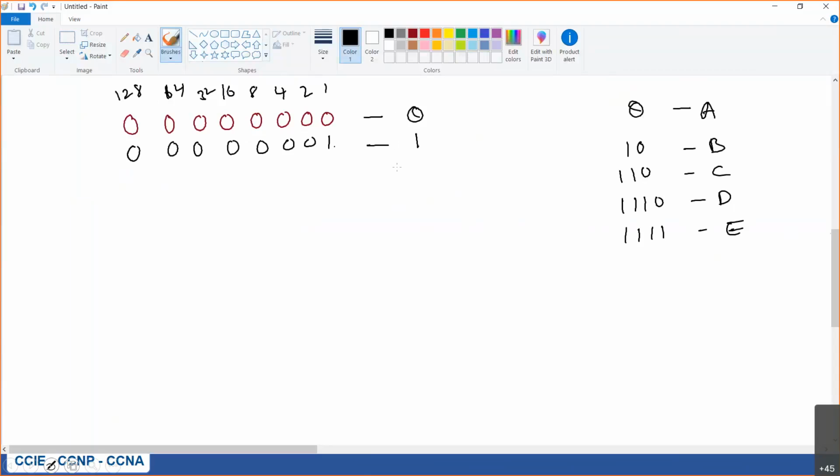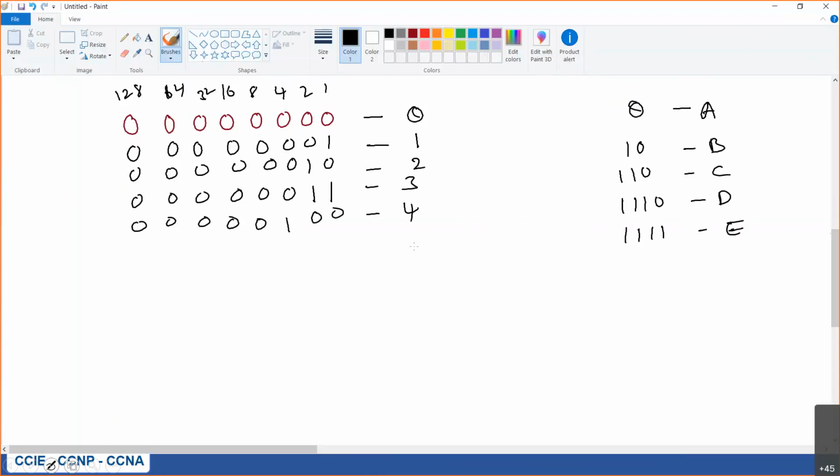How can we write 2? 0 0 0 0 0 0 1 0. How can I write 3? Is it right? How can I write 4? The fourth place 1, remaining zeros.